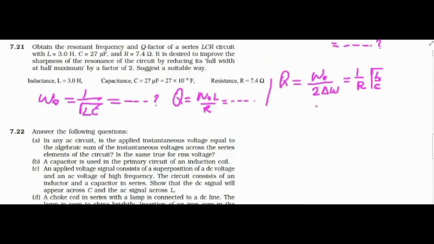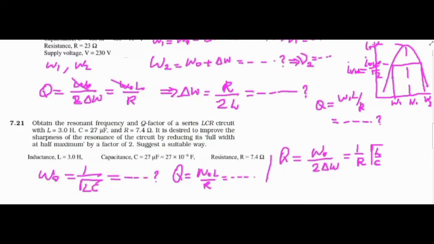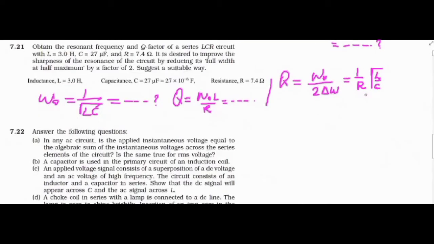Now what we have to do? In the quality factor graph, we know this width is 2 delta omega, and that width should be reduced by a factor of 2. That is the question. How can you reduce that width by a factor of 2? We have to look into this equation. Is it possible to adjust L or C?